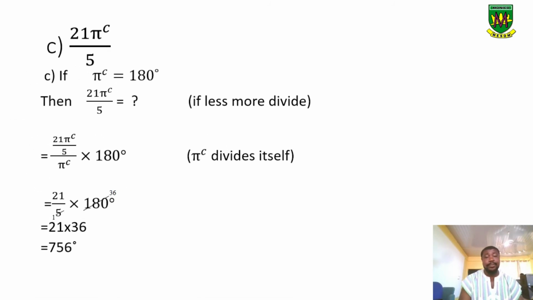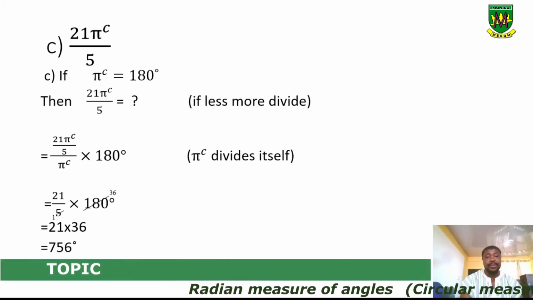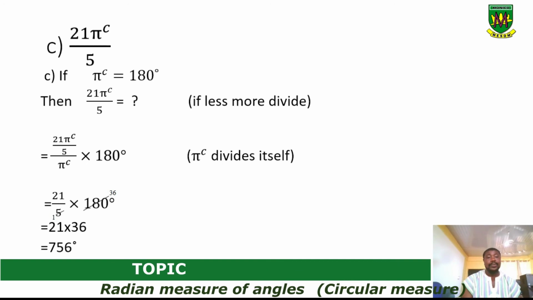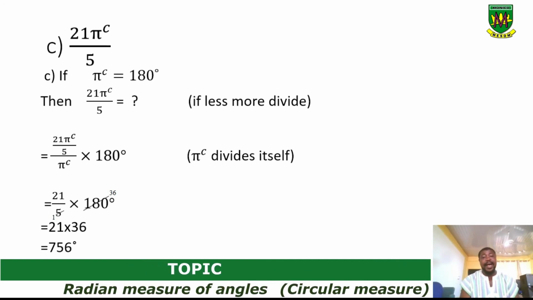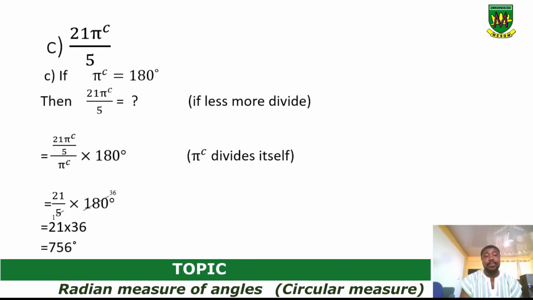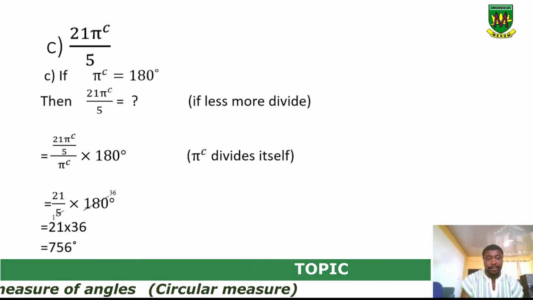The third one, that is C. We are converting 21/5 pi radians into degrees. So if pi radians is also equal to 180 degrees, then 21/5 pi radians will be equal to 21 pi radians over 5, divided by pi radians, multiplied by 180 degrees.